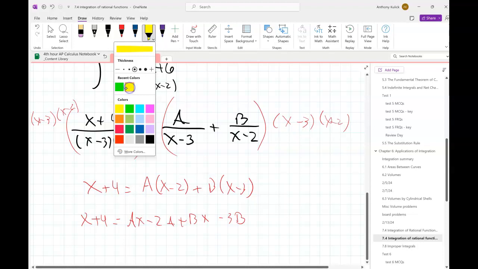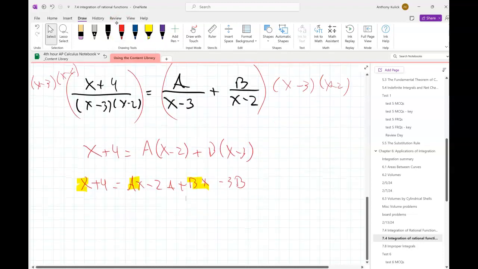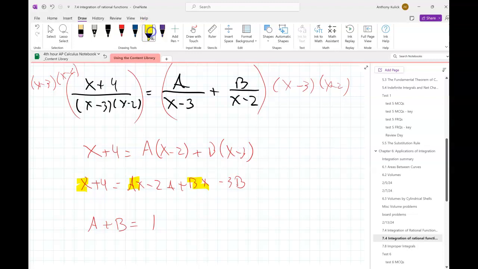Now I know that the x terms have to add up together, so a plus b has to give me that coefficient of 1 on the x. And similarly, the constant terms have to add together, so negative 2a minus 3b has to give me 4.